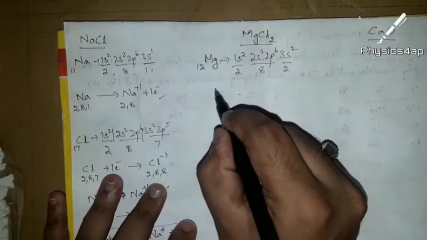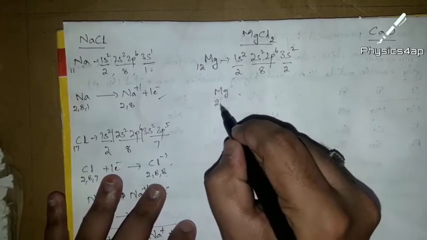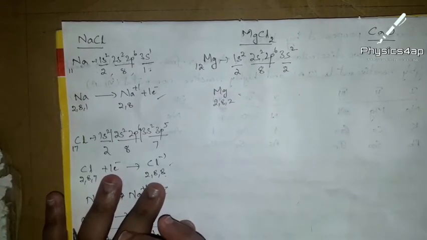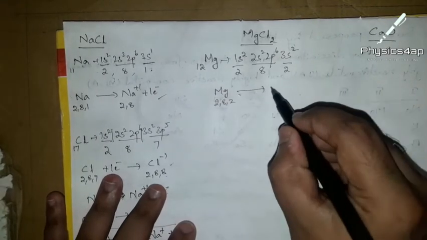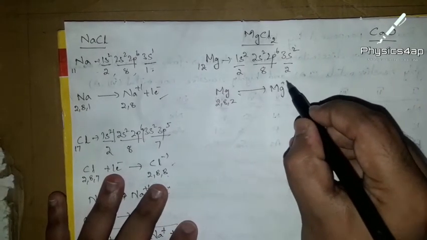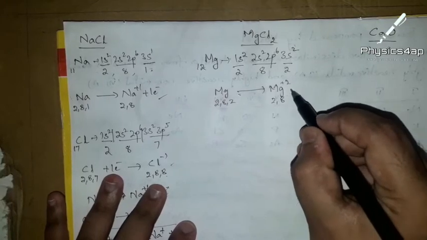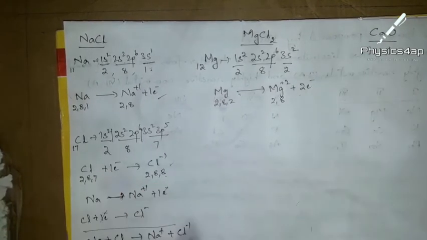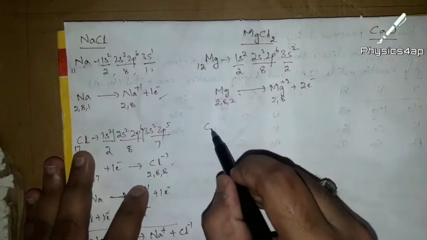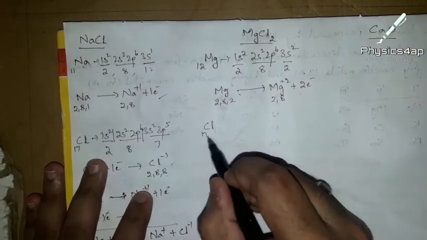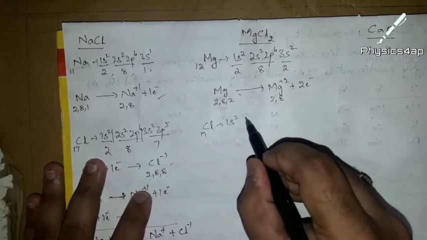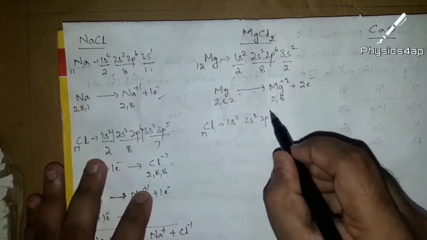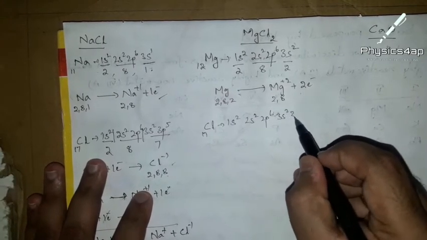When we remove the 2 electrons, we have magnesium, which is 2, 8, 2, and here 2 electrons are being removed. Mg goes to Mg2+, 2, 8, plus 2 electrons removed. The same for chlorine. When we write Cl, it is 1s2, 2s2, 2p6, 3s2, 3p5.